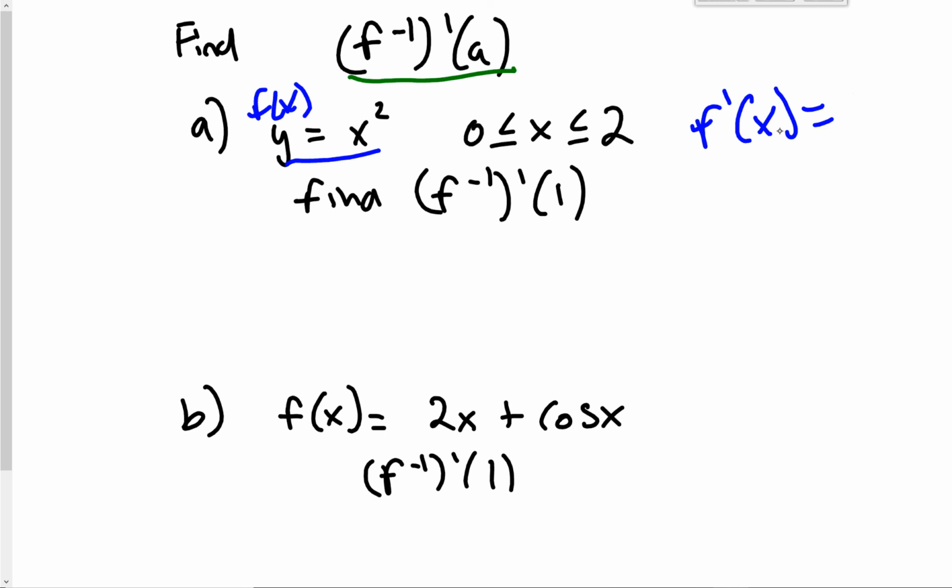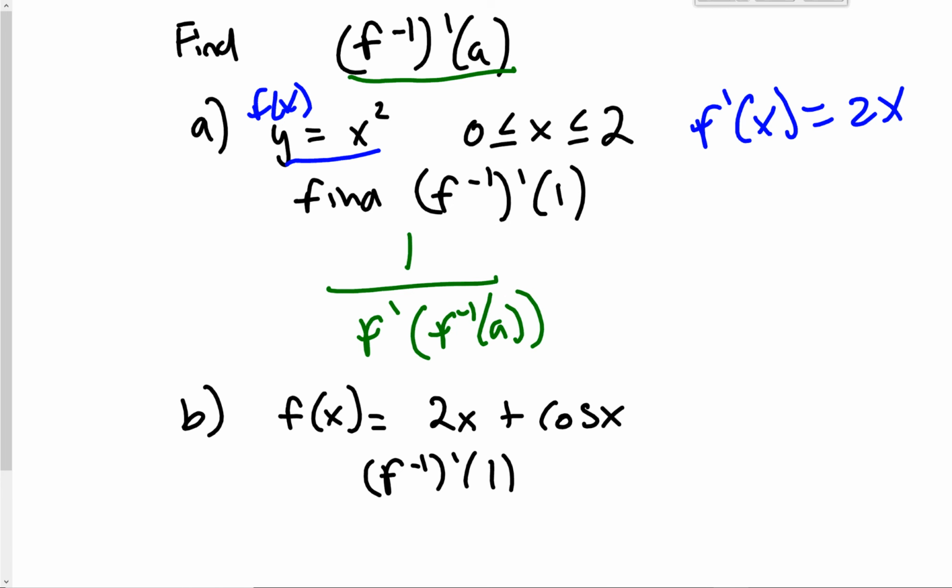The derivative of that is just 2x. And then the inverse of that, because we have something that goes like this: the derivative of the original evaluated at the inverse. So we do need to find the inverse.